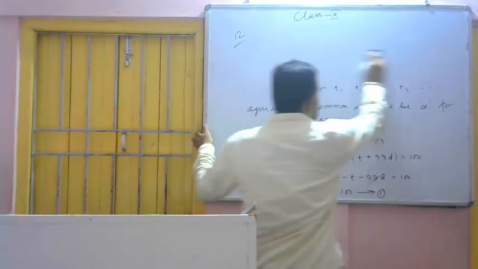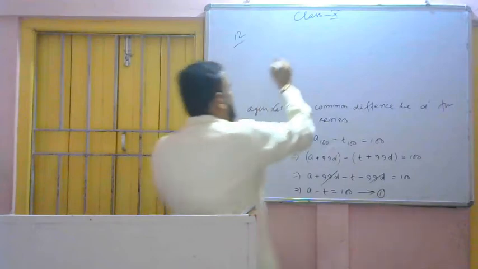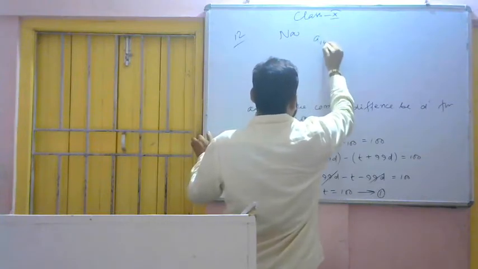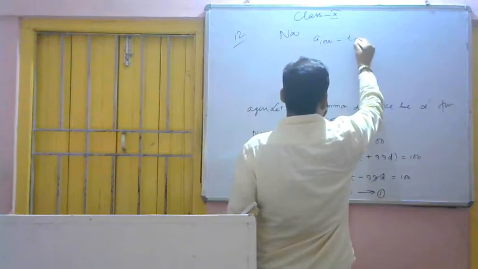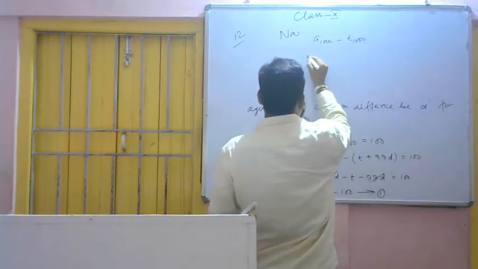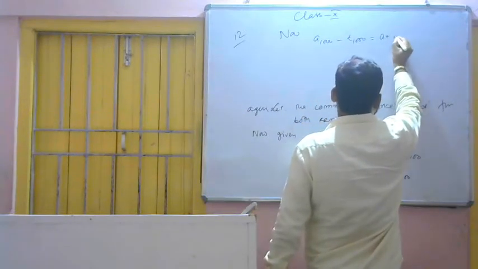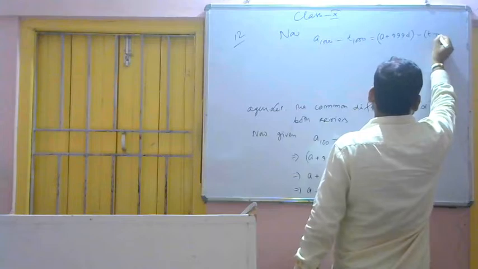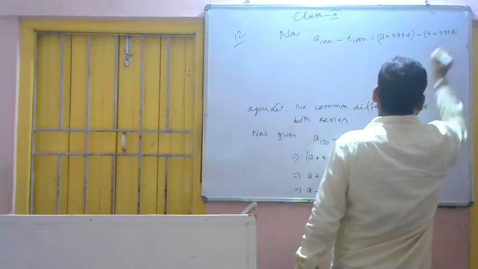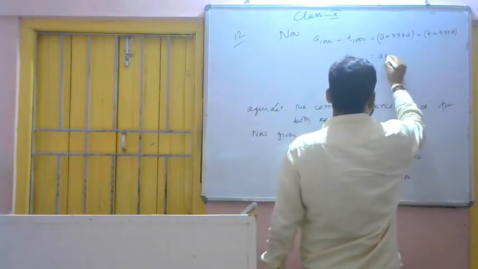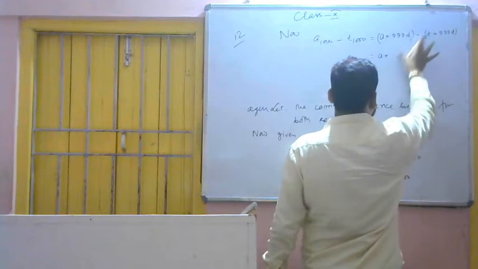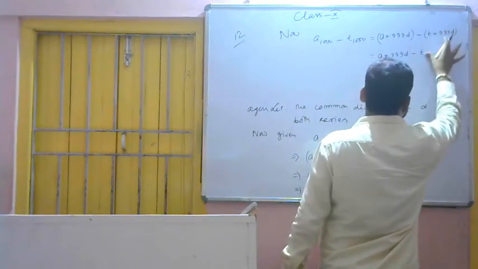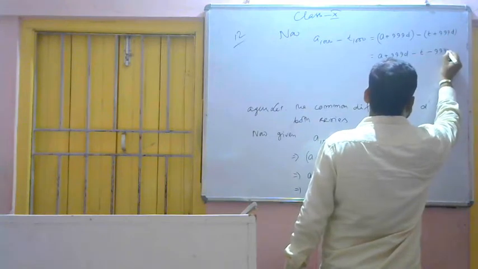Now we are finding a1000 minus t1000. a1000 minus t1000 is equal to a plus 999d minus t plus 999d, which is equal to a plus 999d minus t minus 999d.